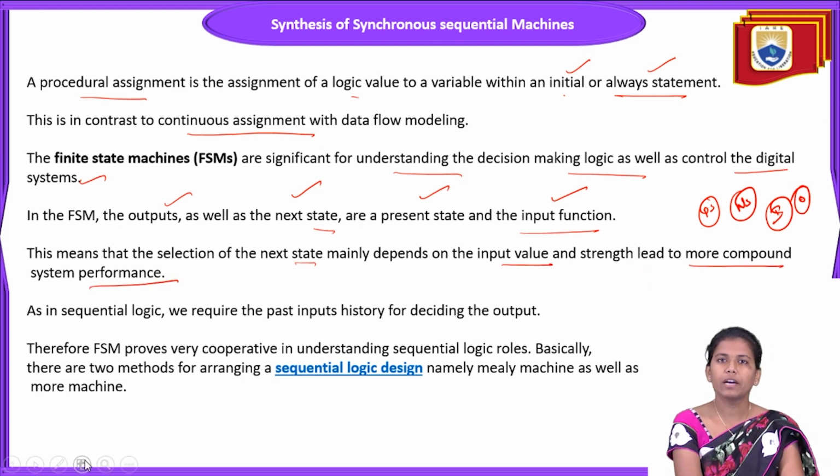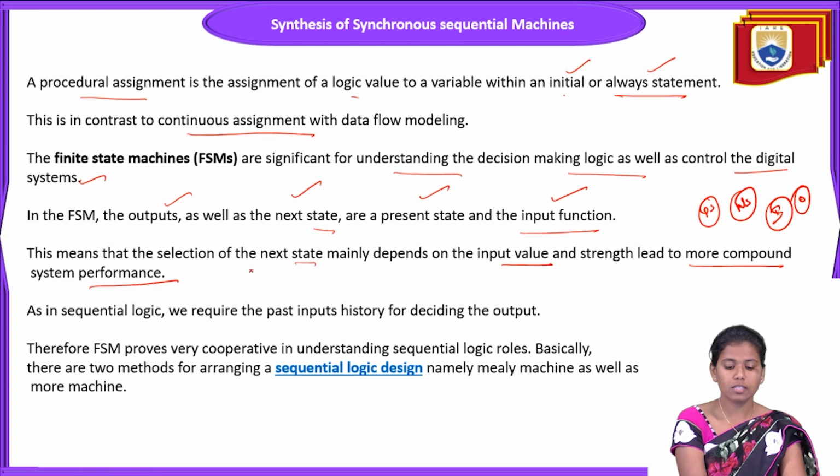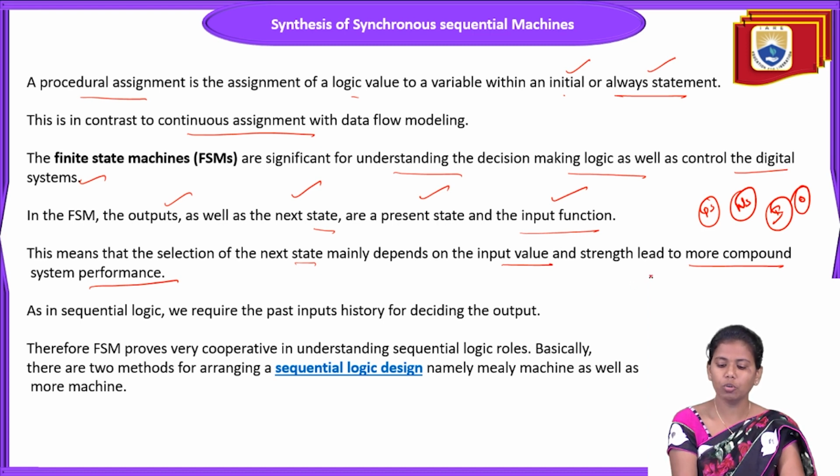The next state is obtained only with the help of the present state. So the strength present at the present state is needed in order to select the next state.